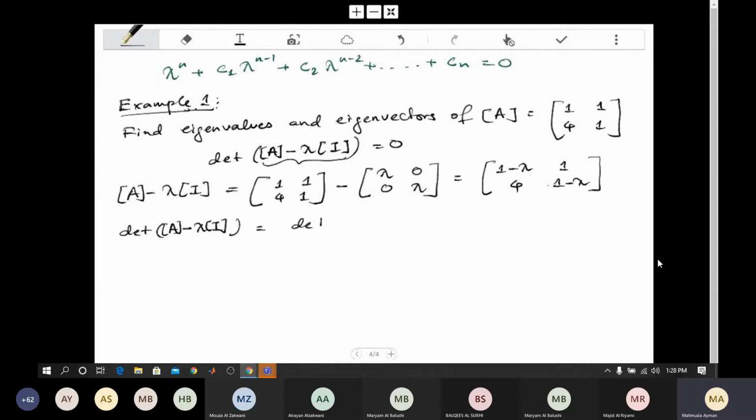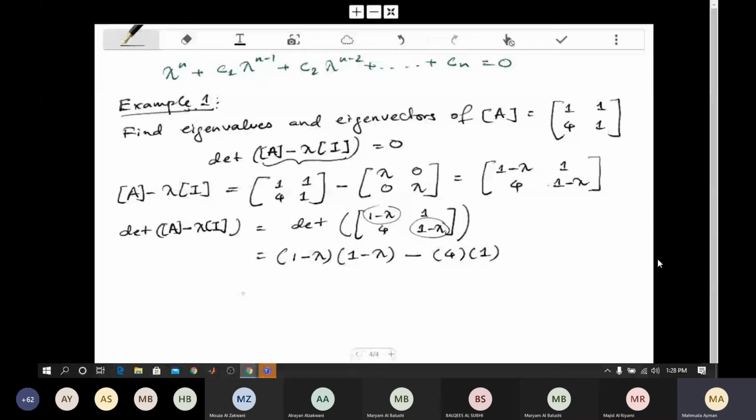So the determinant of the matrix [1 minus lambda, 4; 1, 1 minus lambda]. We will multiply these two elements here. So 1 minus lambda times 1 minus lambda, minus these two elements here, so that will be 4 times 1.